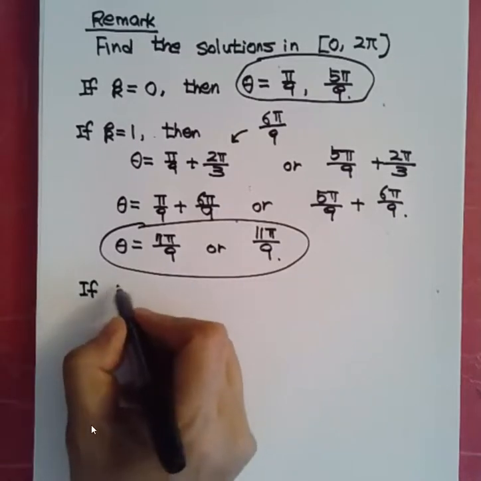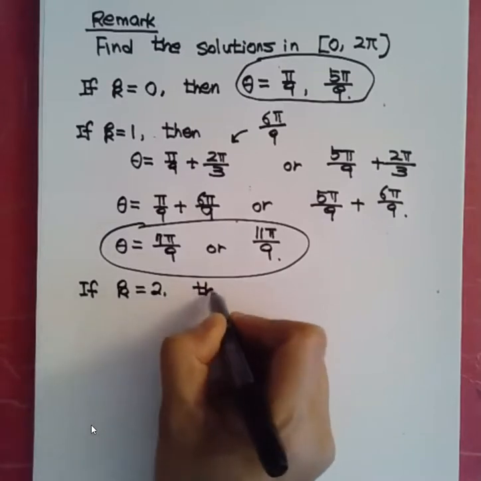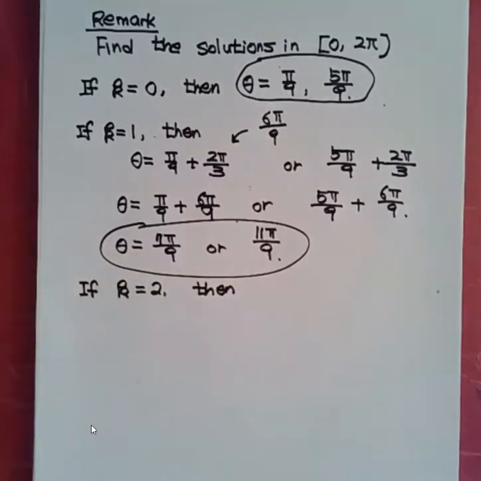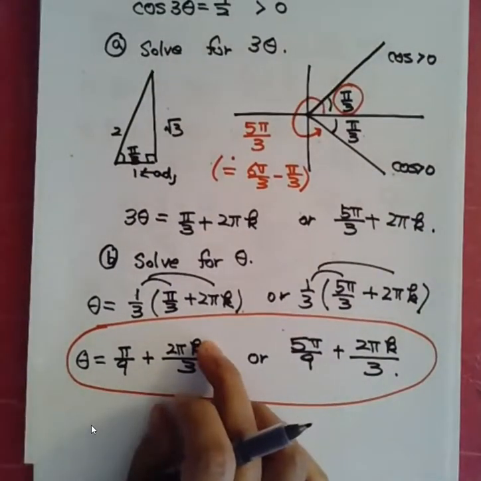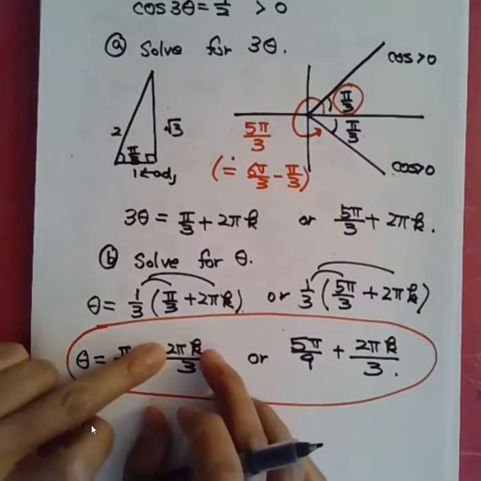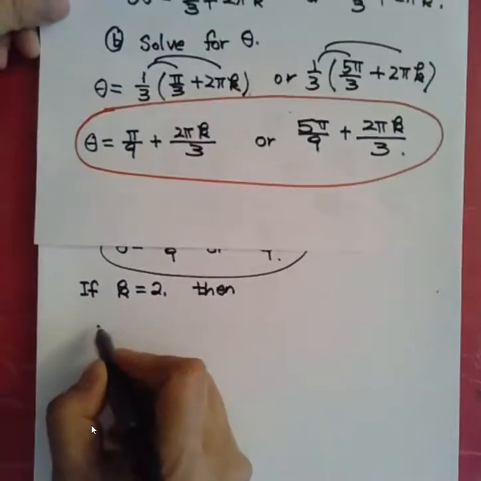Let's consider what happens when k equals 2. We will replace k by 2. Then 2 times 2 will give us 4 pi over 3. Let's do that.